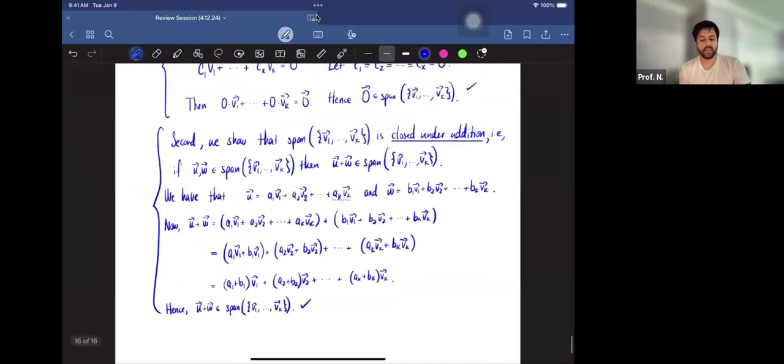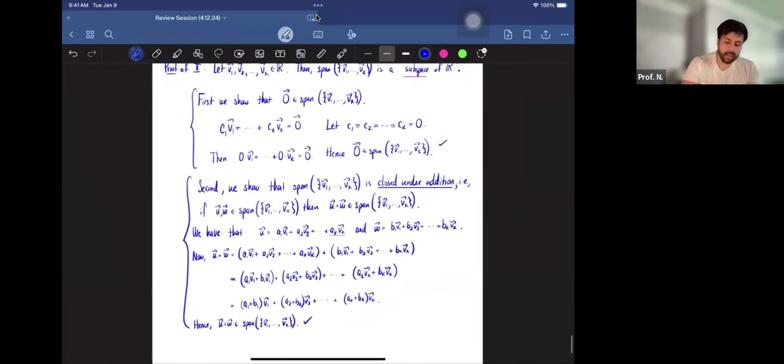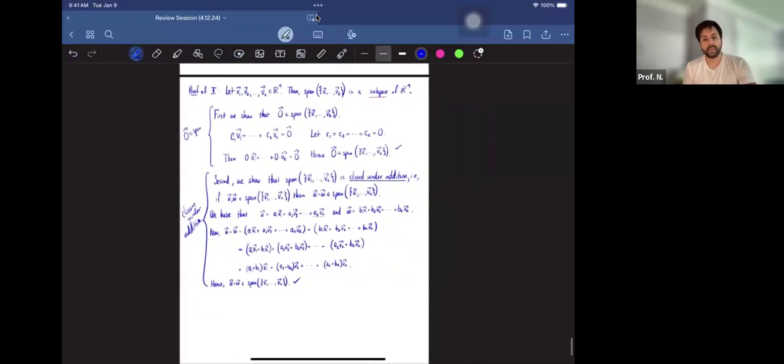That's the second phase. So the first phase is that the zero element is in the span. Then the second phase is closure under addition. Now, what's the third phase?